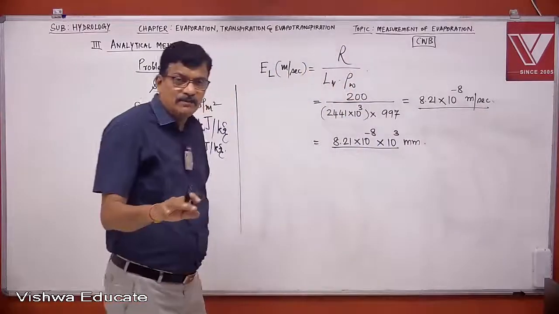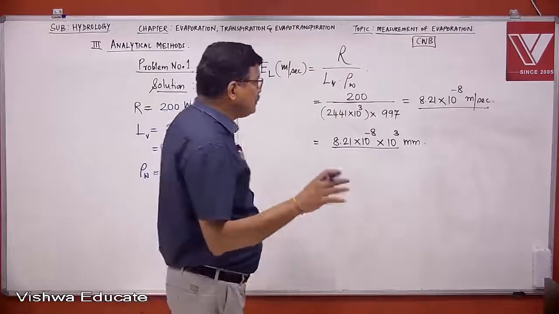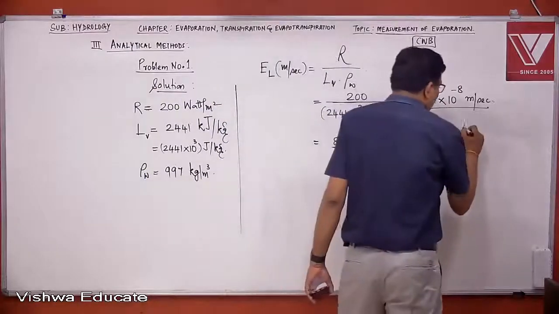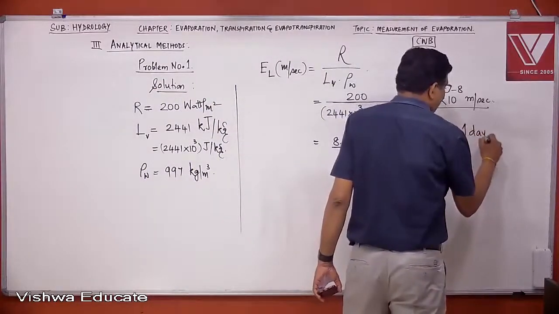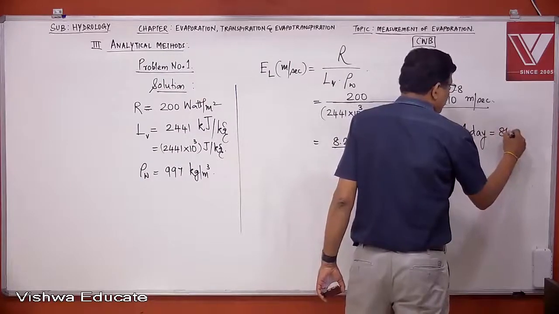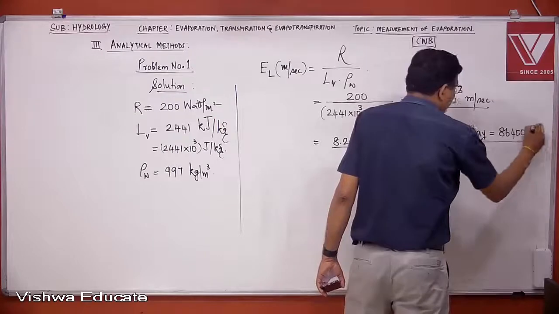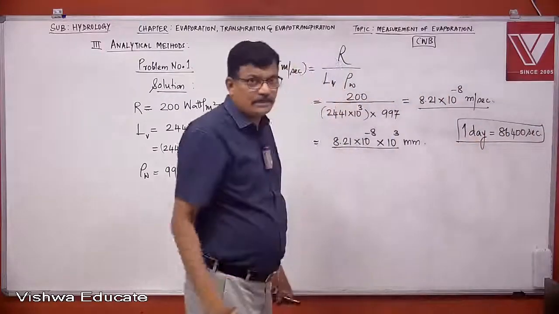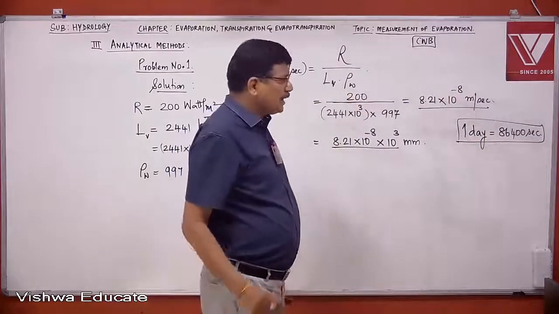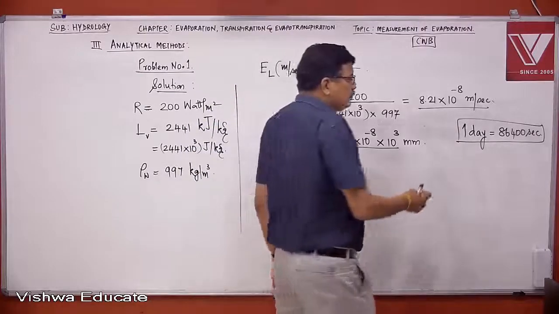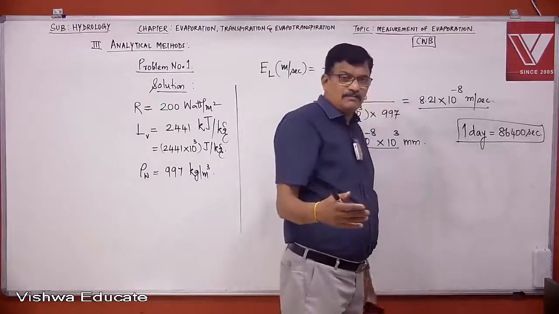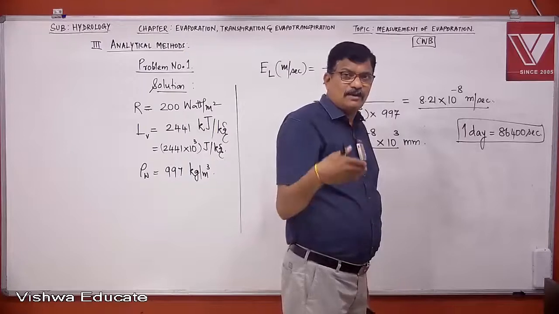Okay, to convert second into days, we should know the conversion. We know that in one day we have 86,400 seconds. In a day we have 86,400 seconds. I am writing directly. Otherwise you can also do 1 day is 24 hours, 1 hour is 60 minutes, 1 minute is 60 seconds.